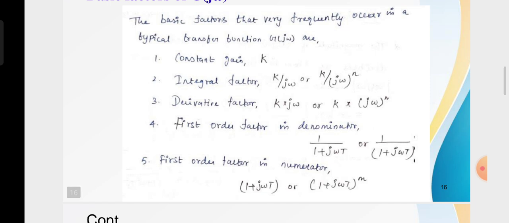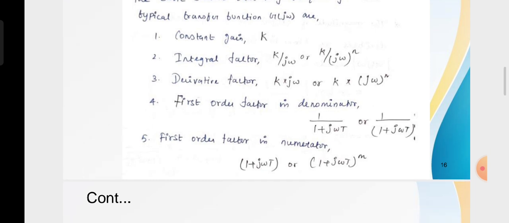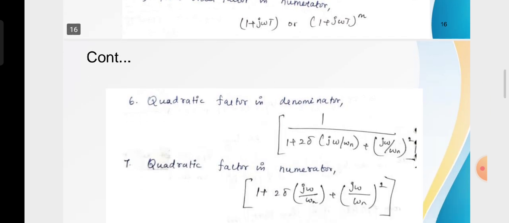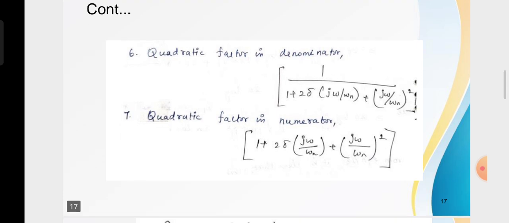First one is constant gain K, integral factor K by j omega or K by (j omega) power n, derivative factor K into j omega or K into (j omega) power n, first order factor in denominator 1 by 1 plus j omega T or 1 by (1 plus j omega T) power m, first order factor in numerator 1 plus j omega T or (1 plus j omega T) power m, and sixth, quadratic factor in denominator 1 divided by 1 plus 2 delta (j omega by omega n) plus (j omega by omega n) whole square.